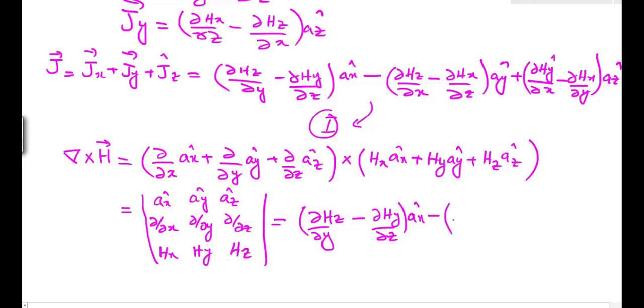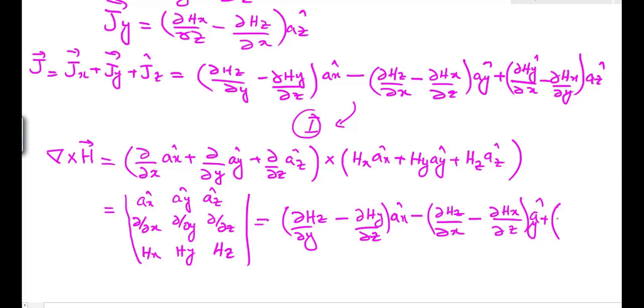Minus partial Hz over partial x minus partial Hx over partial z. This is along the y direction. Similarly, partial Hy over partial x minus partial Hx over partial y. This is along the z direction.